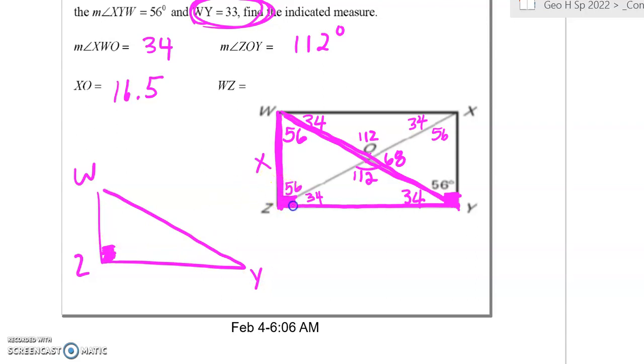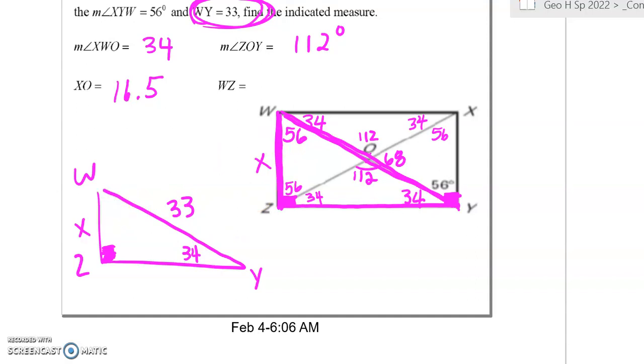So obviously we know everything about right triangles. If I put an X there and I know this is 33, I can use either 34 or I could have put 56 up here. It didn't matter. So now which one am I going to use?